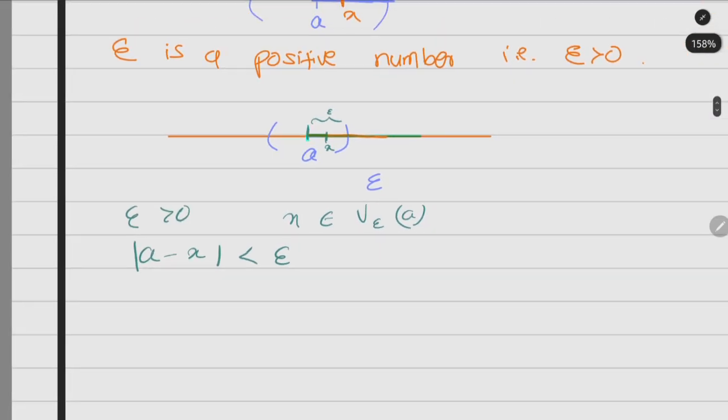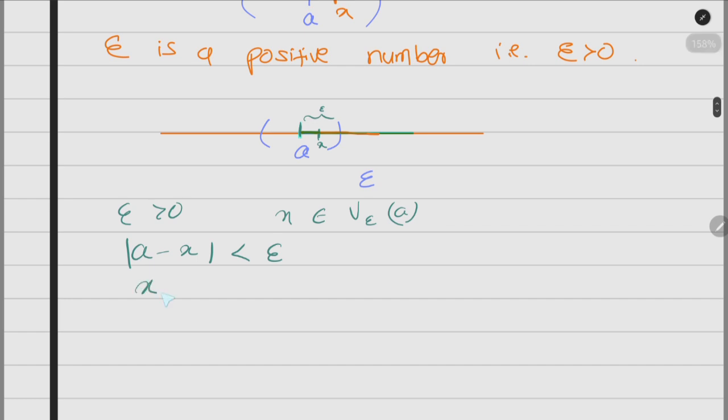Simply we can write it, or in other way we can write mod of x minus A is less than epsilon. Done. So if we can write mod of x minus A is less than epsilon for all epsilon greater than 0, that is our condition. For every epsilon greater than 0, mod of x minus A will be less than epsilon.